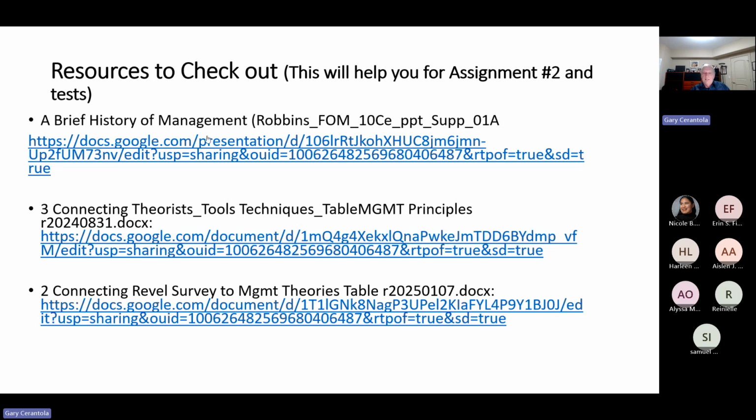The next one shows you how the tools and techniques for each theory and management principle come together. It's laid out in terms of the theory, the theorist, the management principles, and then the actual tools and techniques. You'll see a lot of them in the participation activities that we're covering.